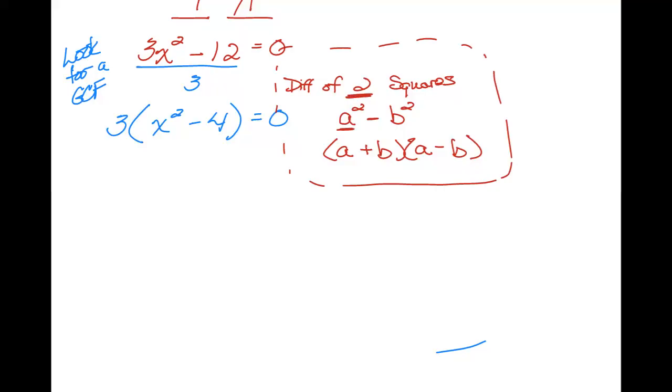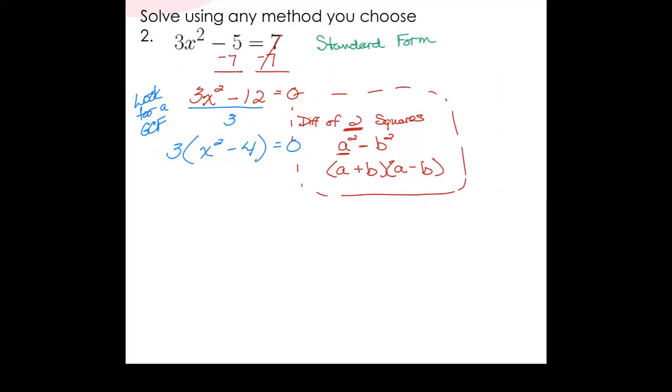Okay? The other way that kind of works with this that I thought Nehemiah was talking a little bit about before is, so you have this 3 times x squared minus 4 equals 0.